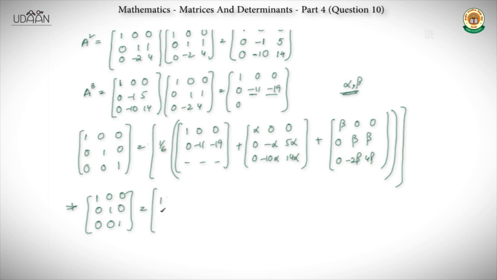So I'm just leaving the 1 by 6 outside, and this becomes 1 plus alpha plus beta, 0 0, and here again 0, and again minus 11 minus alpha plus beta, and here we get minus 19 plus 5 alpha plus 5 beta, but we don't actually need that, because we're already getting two equations. So I'm just leaving that out.